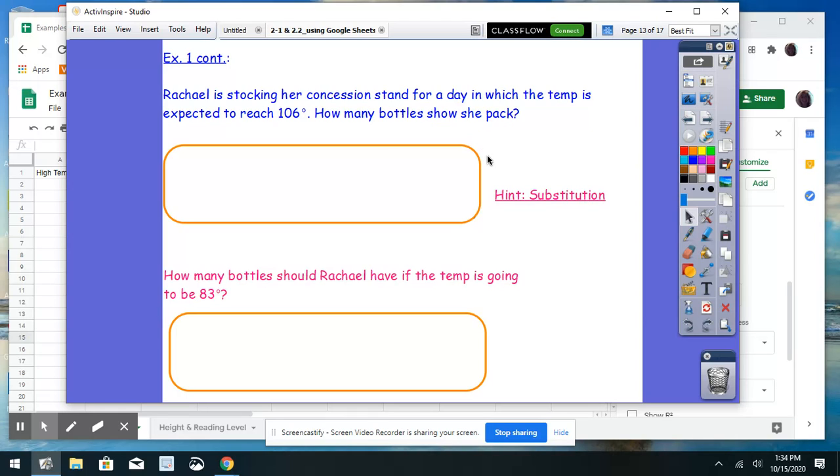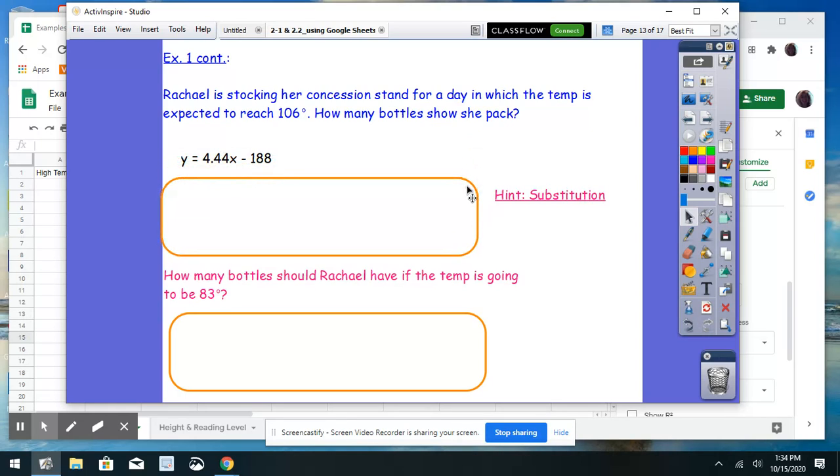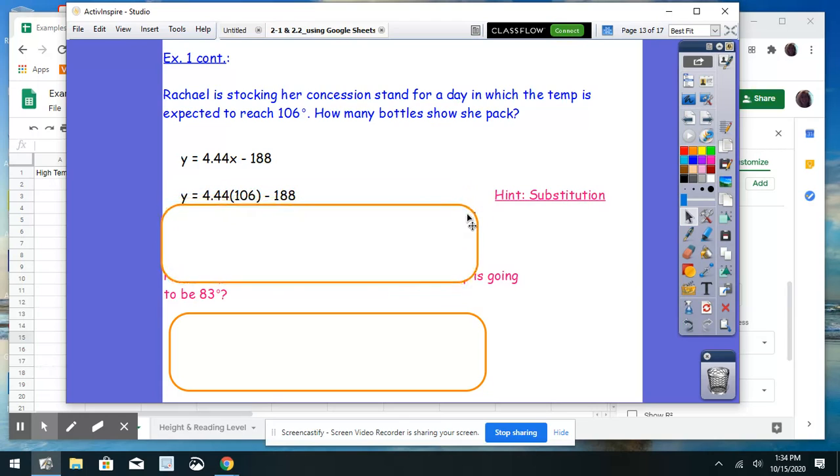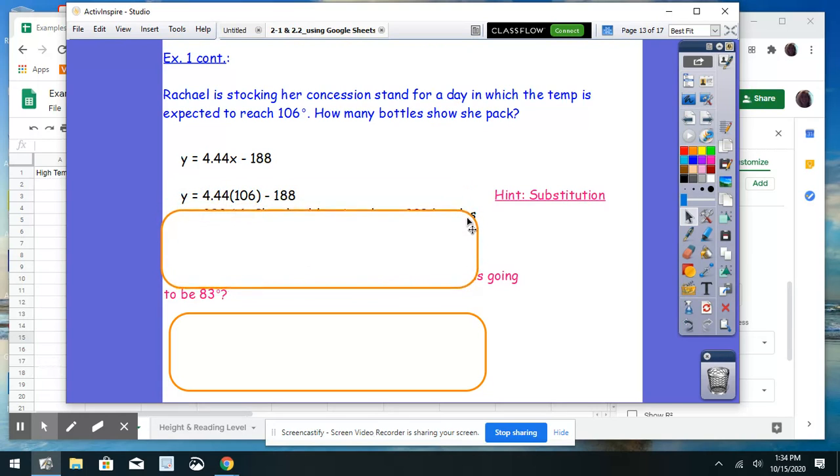So it says Rachel is stocking her concession stand for a day in which the temperature is expected to be 106. So how many bottles should she pack? And our equation again is y equals 4.44x minus 188. And we get that from the chart that we put together from the trend line. And so we're going to plug in that 106 where the x is.